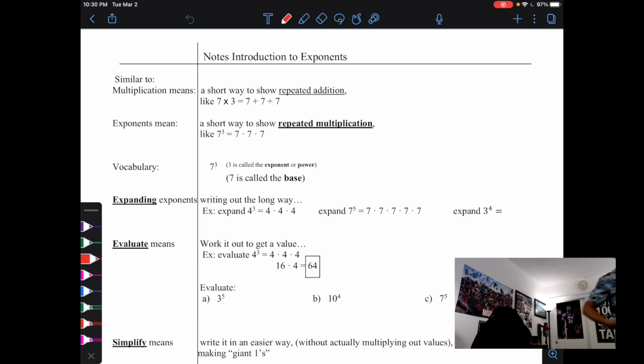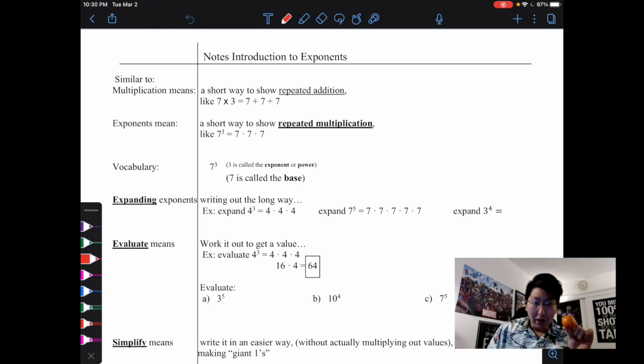I know it's kind of weird to have oranges in my room. If I have this orange right here, and I have another one, I can say it's 1 plus 1. Or if I have another one, I can say 1 plus 1 plus 1, and I have 3. You learned about addition, and so in third grade you started learning something new.